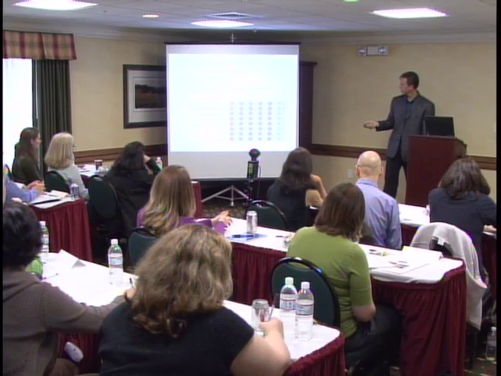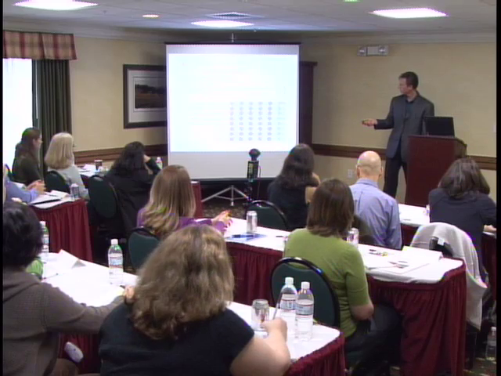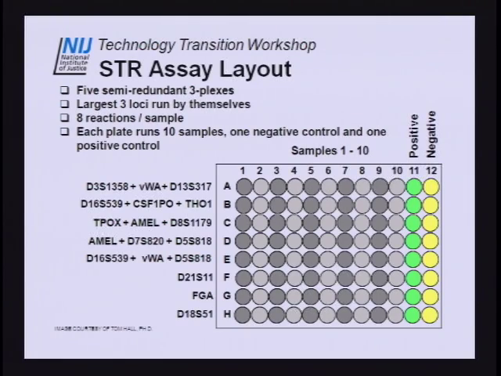There is redundancy between reactions for some of these. So you'll see here D5 is in both of these reactions. So you get a little corroboration between reactions, so you're not mixing samples, you're getting the same result between them, since we do split them up into multiple reactions.